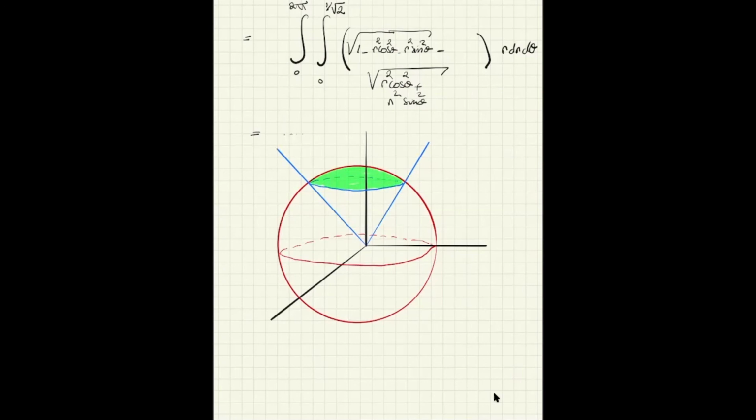Now, what we did is we projected the intersection circle on the xy plane, which gave us a circle of radius 1 over square root of 2. So that's the circle we had.